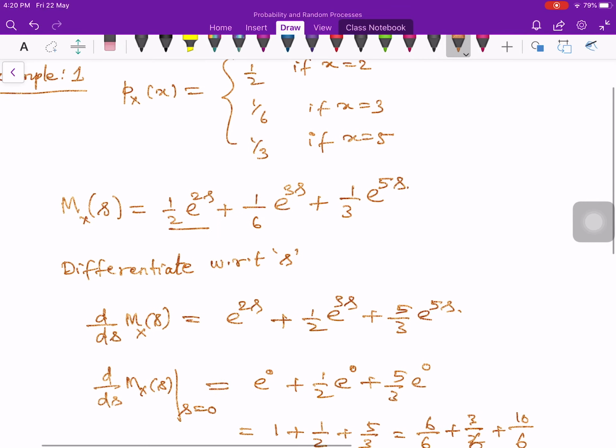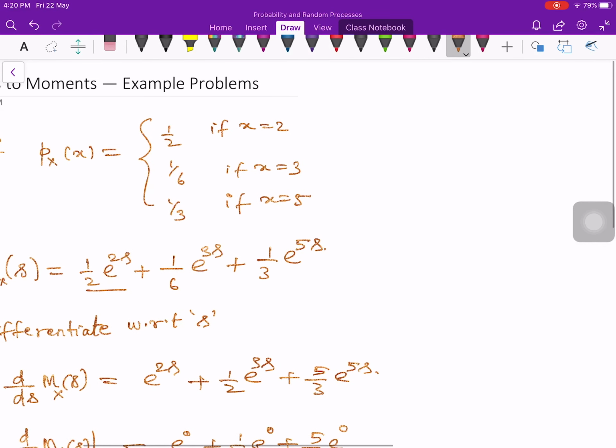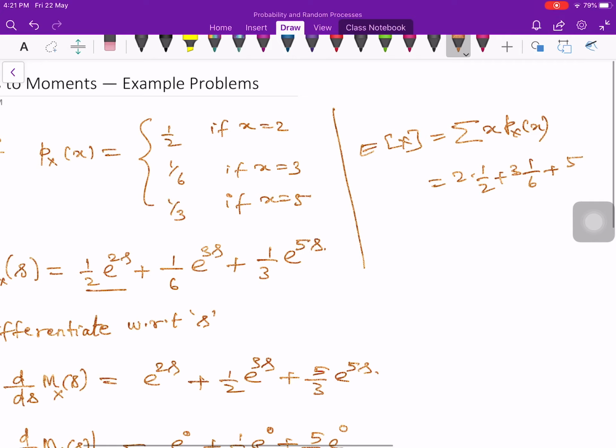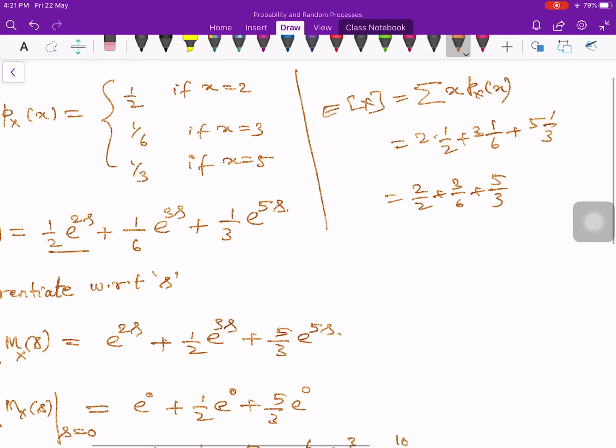The same answer you can get directly here also, that is E of X equal to the summation of x times p_X(x), which is 2 times 1/2 plus 3 times 1/6 plus 5 times 1/3. So this is 2/2 plus 3/6 plus 5/3.